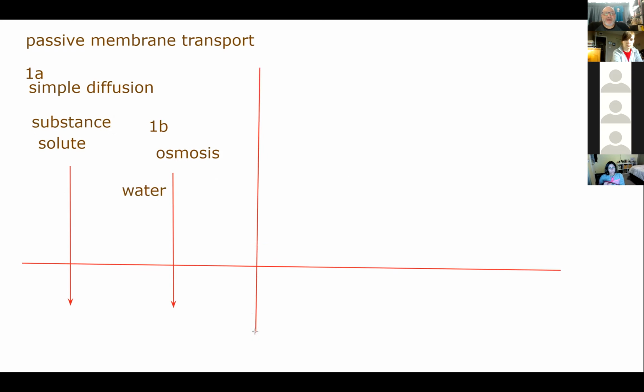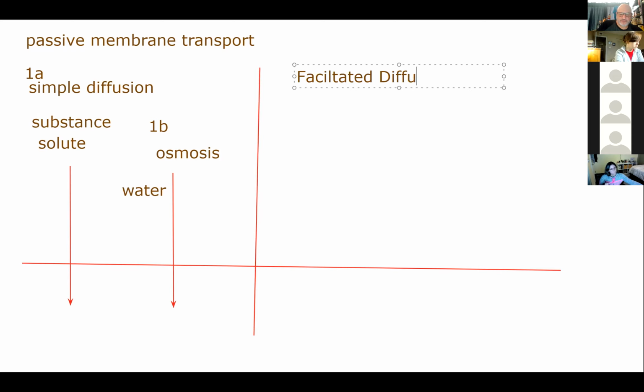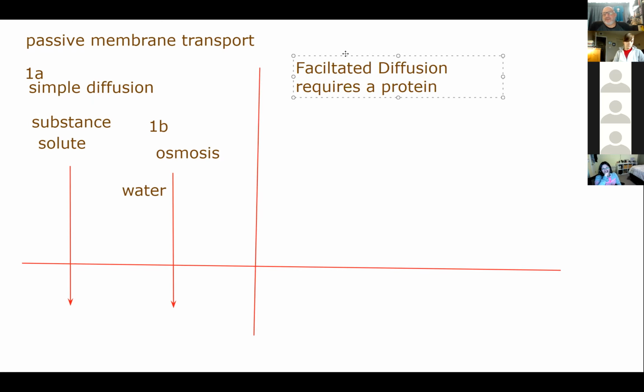The other type of passive membrane transport is what we call facilitated diffusion. It is facilitated because it requires a protein. Facilitated just means helped. This is diffusion with help.